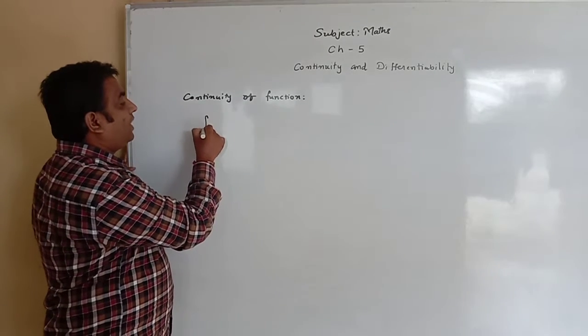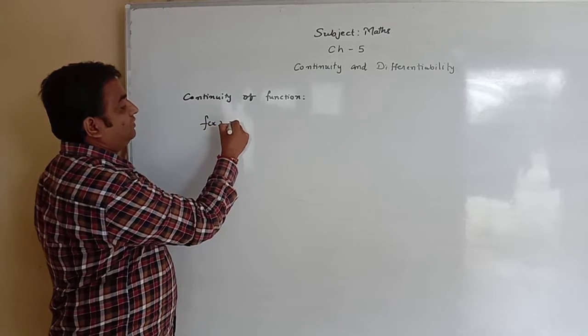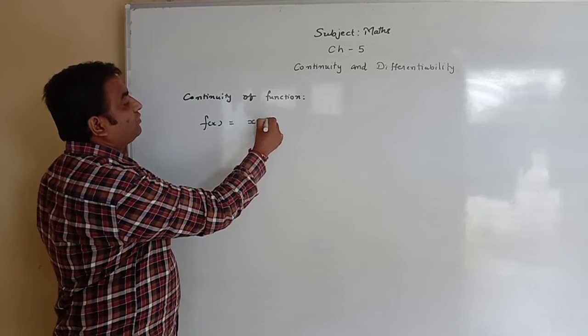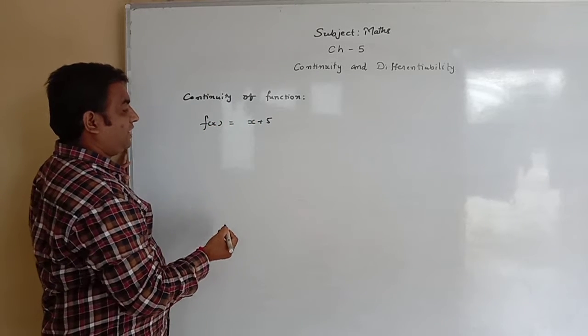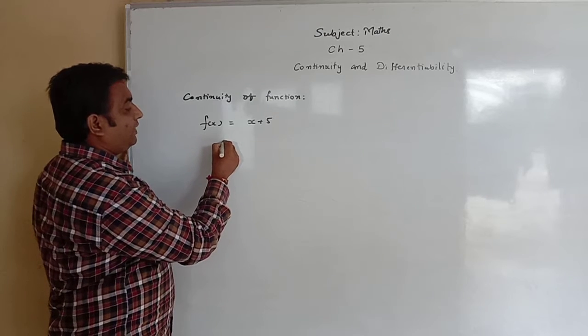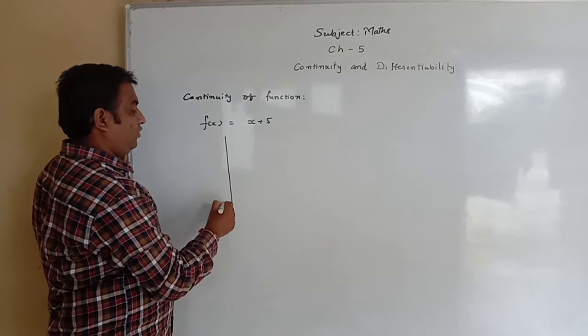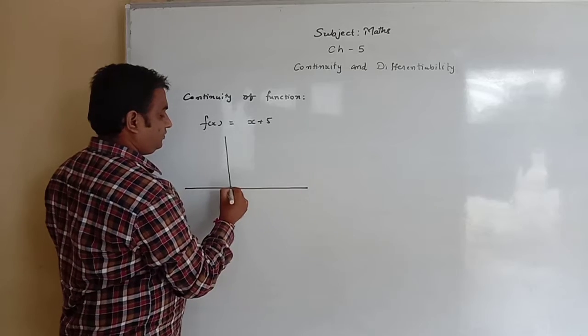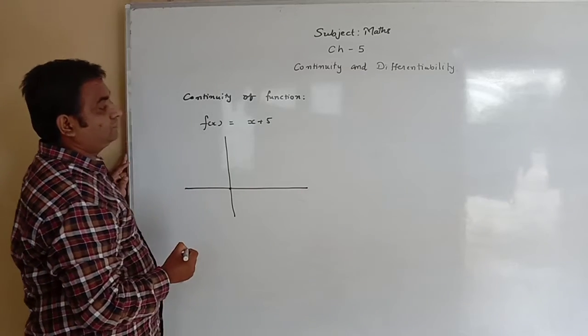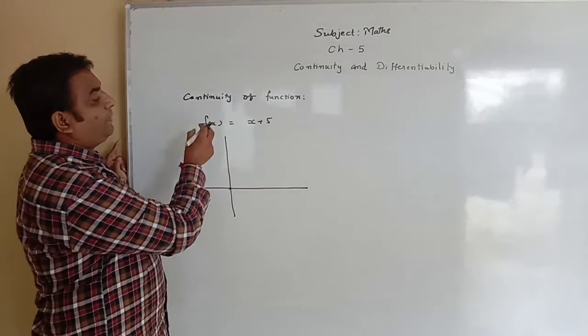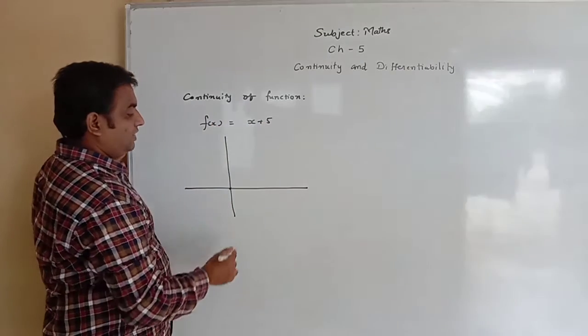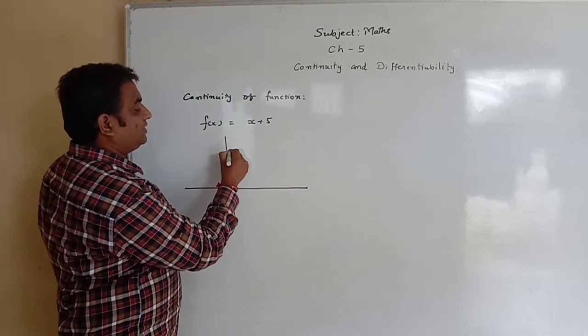For example, f(x) equals x plus 5, just a general example we take. Then we draw the graph of it. f is defined for every real number, so at x equals 0 we get 0, 5.